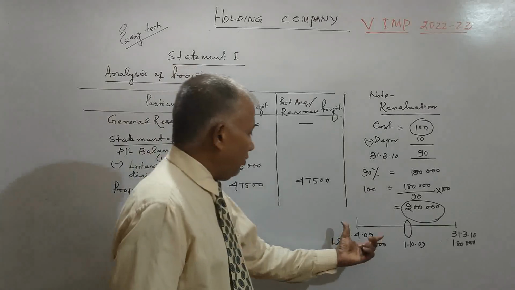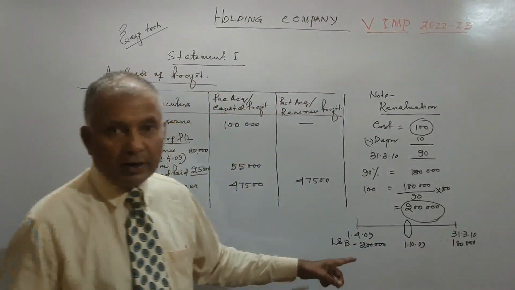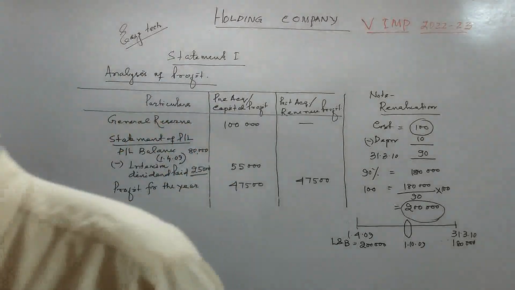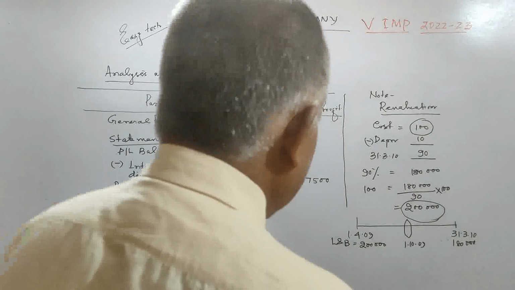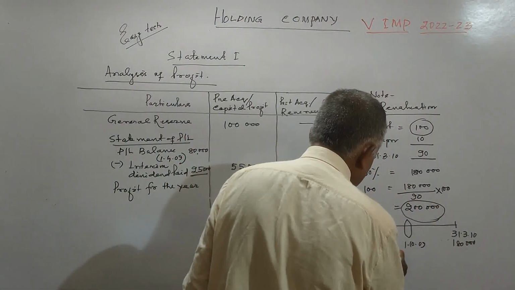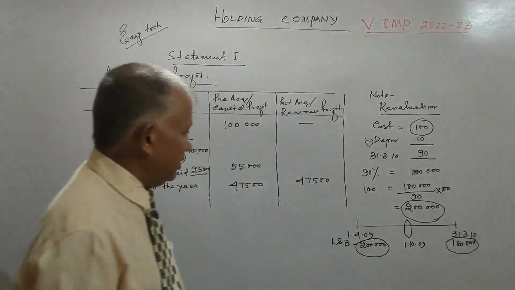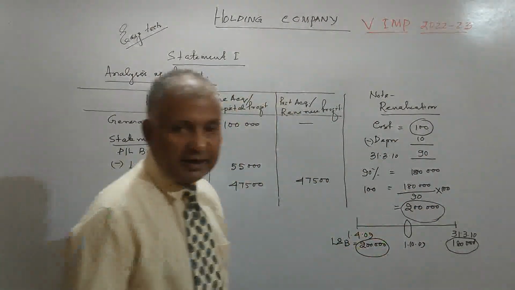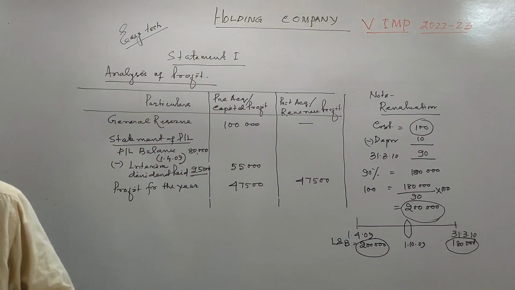Friends, during the year there was a 20,000 depreciation, 2 lakh and 1,80,000. So for 6 months the depreciation is 10,000.